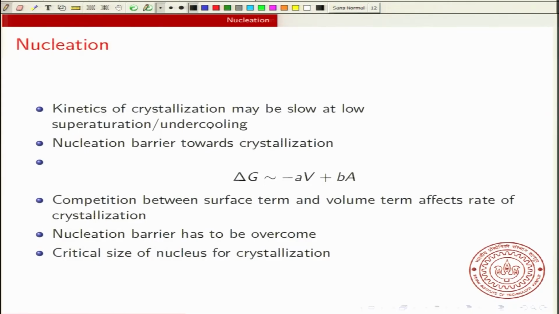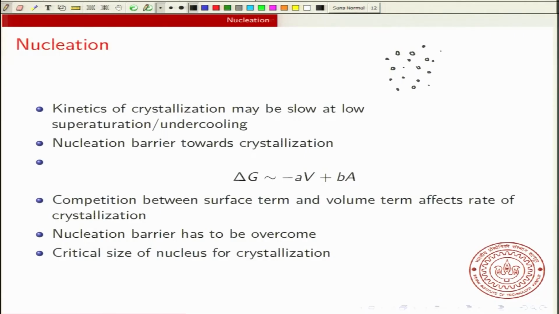The reason crystallization is slow, even though you are below the melting temperature, is that there is something called a nucleation barrier towards crystallization. And how this arises is the following. Let us take the case of a simple liquid.